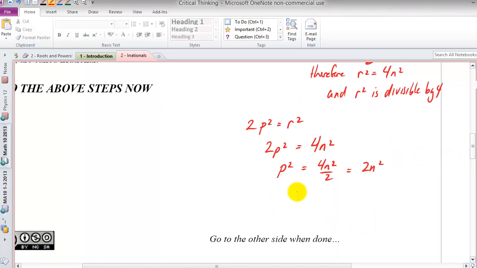This tells us that no matter what n squared is, p squared is 2 times that, so p squared must be even. Then we use the same argument as before with r: if p squared is even, then p has to be even.